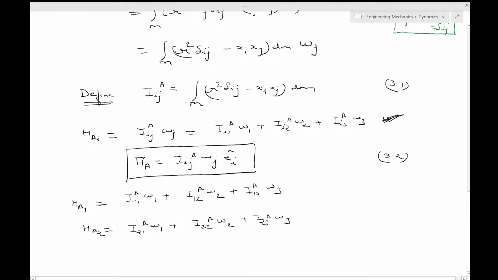Then the third one, HA3, is equal to I31A omega 1 plus I32A omega 2 plus I33A omega 3.